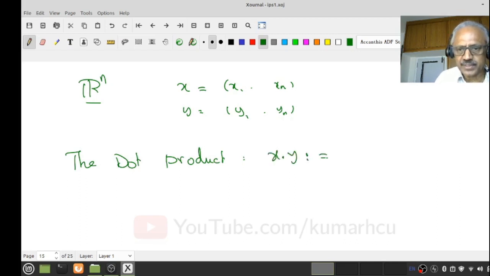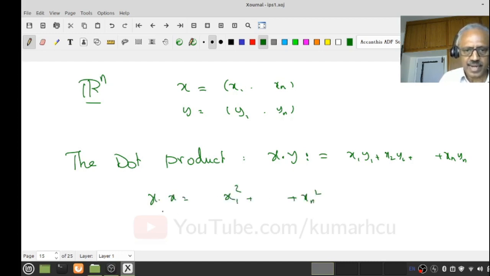This is by definition x1 y1 plus x2 y2 plus ... plus xn yn. And what is x dot x? That is x1 squared plus ... plus xn squared. And what did we know about x dot x? This we know is the length of the vector x squared. You follow that? This is what I was trying to allude to.